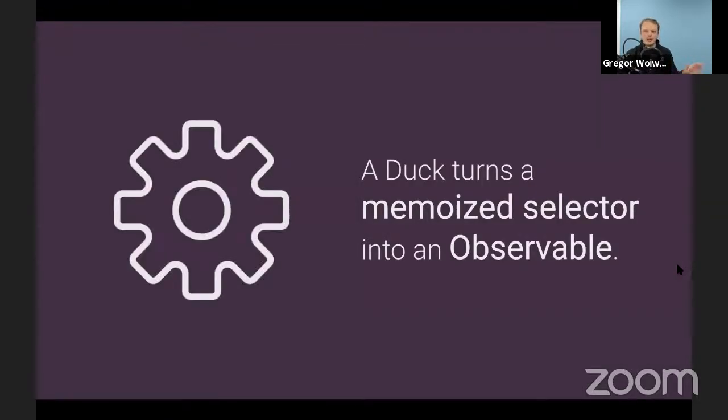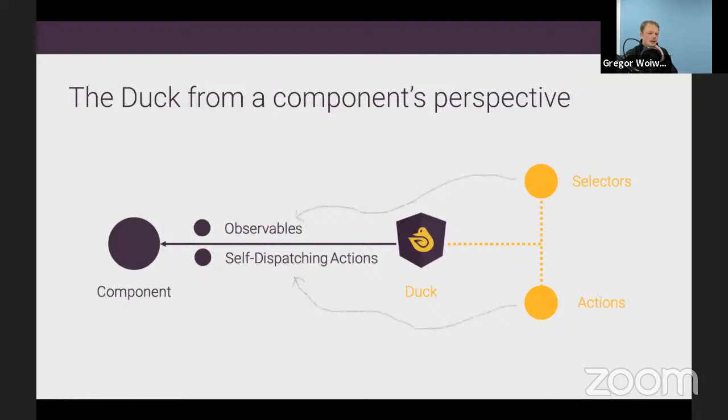And this without code generation, right? This is really just using the techniques of TypeScript itself. Yeah. So summary: a duck or a store facade can turn a selector into a ready-to-use consumable observable for you. And this is maybe kind of a summary of how a duck or a store facade acts in the ecosystem.